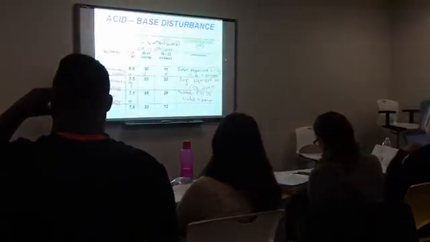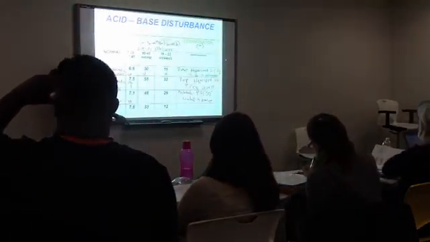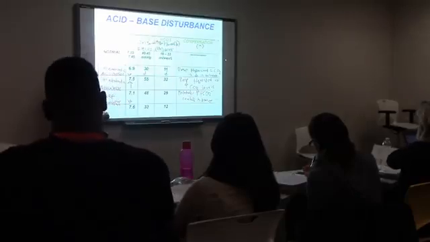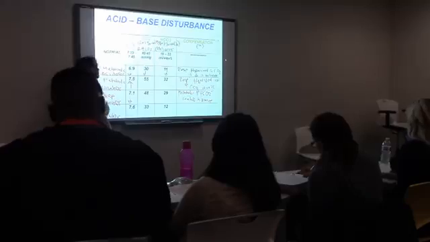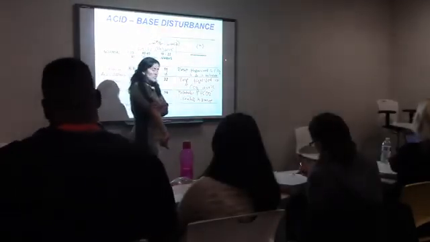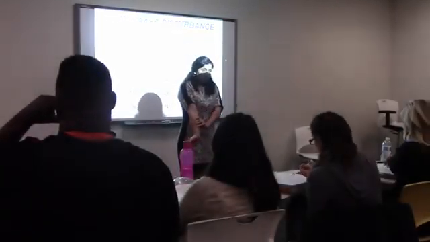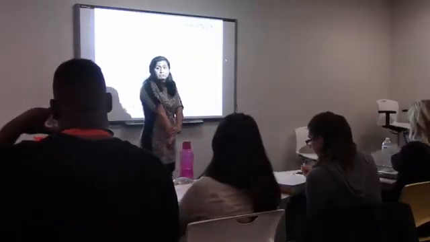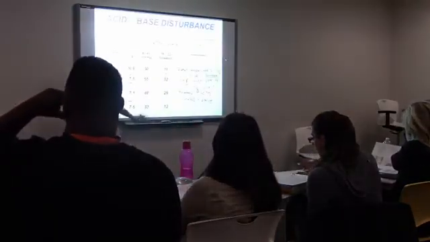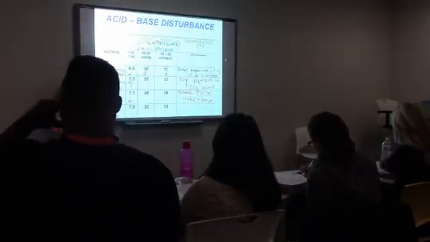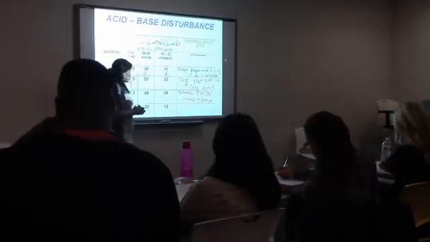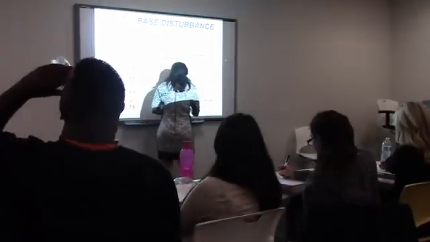Last one. 7.6. Is it acidosis or alkalosis? If you say you have respiratory alkalosis, what should your CO2 levels be? It should be low. Is it low? Yes, it is low. So it is respiratory alkalosis. What's the compensation?